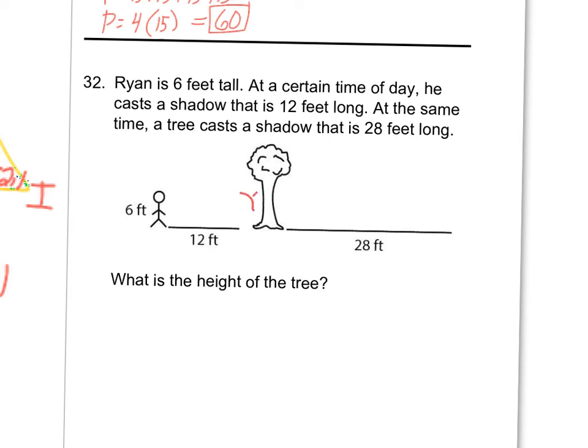So we don't know x. Now we're going to set up 2 fractions going this way. Okay, so our first fraction is 6 over 12. And we're going to make that equal to x over 28. Then what we're going to do is cross multiply.